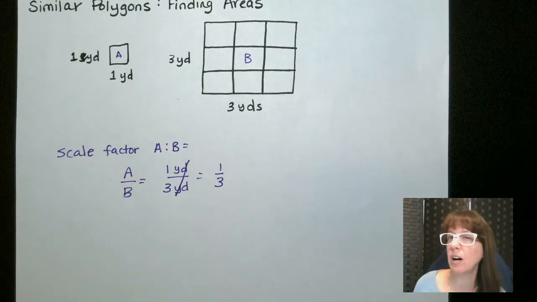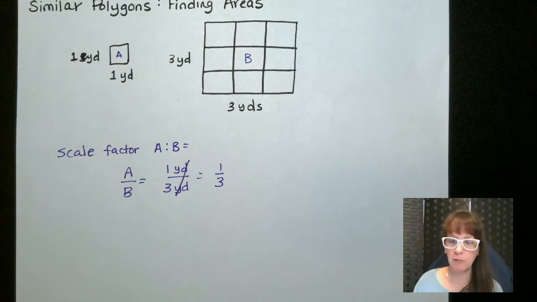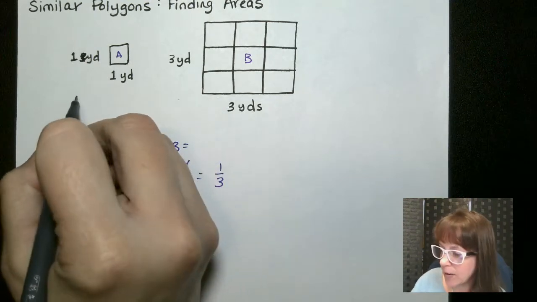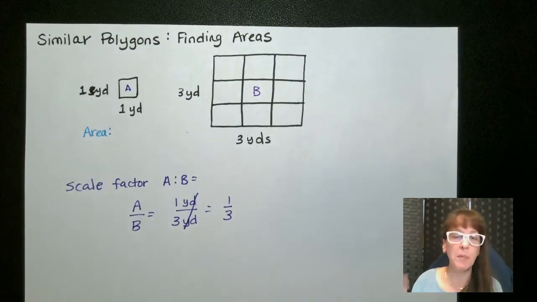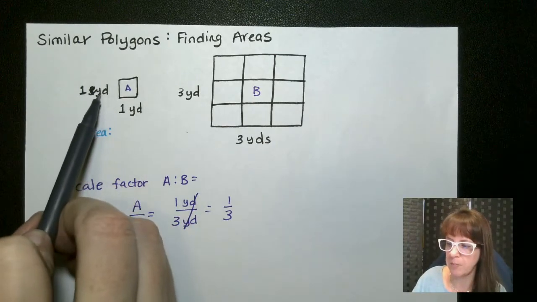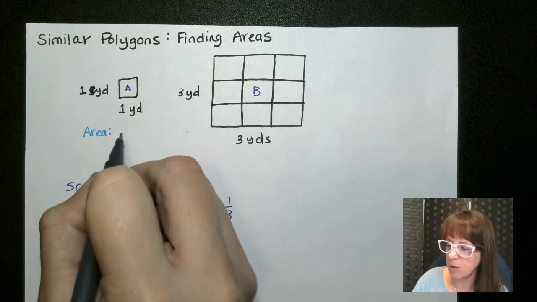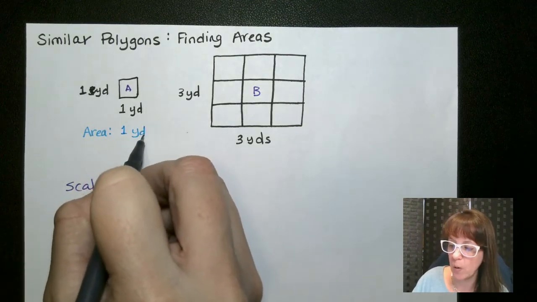But now we have to talk about the scale factor for our area. Well, first, before we do that, let's figure out what the area is for these. The area for this guy is just base times height. Remember, for figuring out the area of a rectangle or a square, it's just base times height, or length times width. So this is going to be 1 times 1, which gives us 1 yard squared.